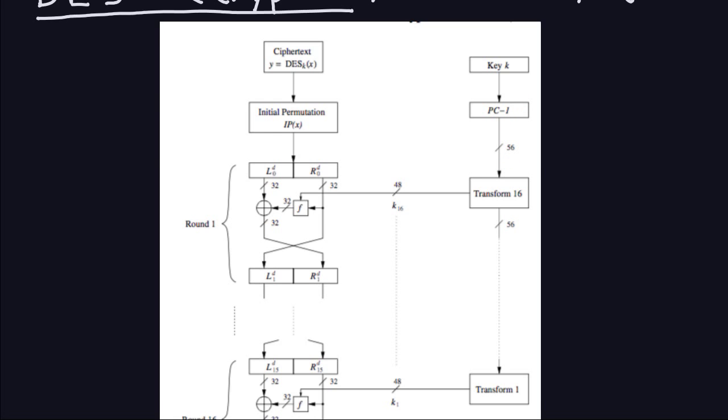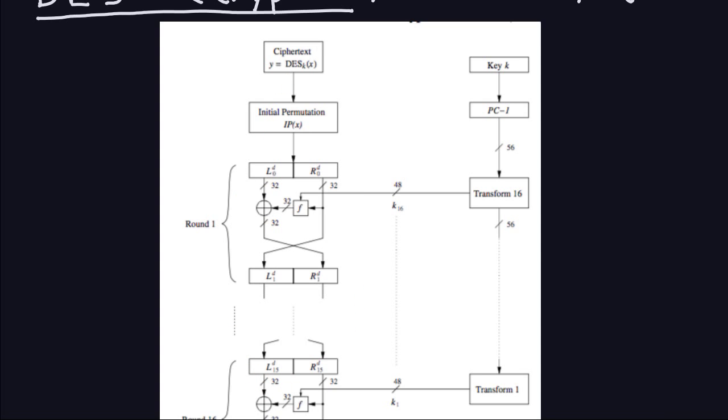And instead of starting with transform 1, you start with transform 16. Then after transform 16, you apply transform 15 and then transform 14, and so on until you get to transform 1. The subkeys generated from the transforms, you're going to put into the rounds of DES.